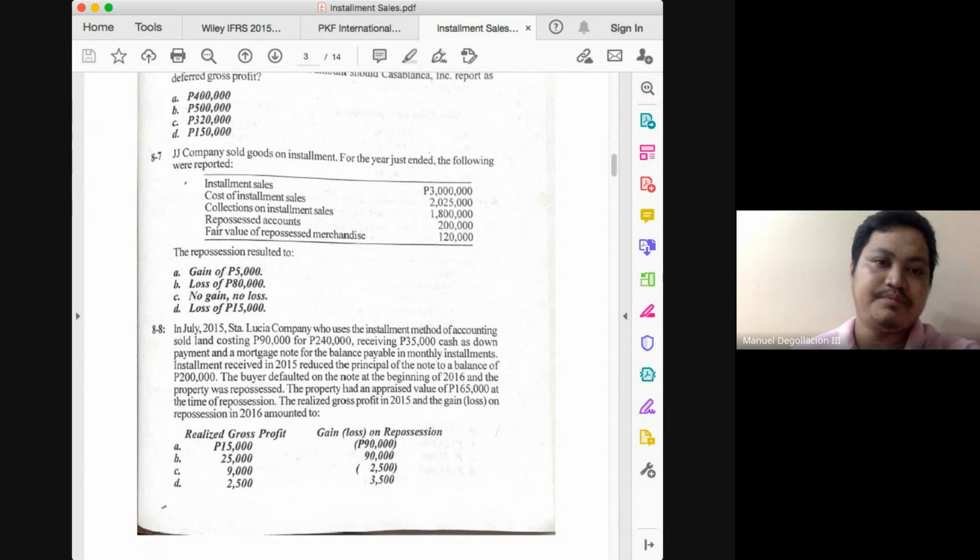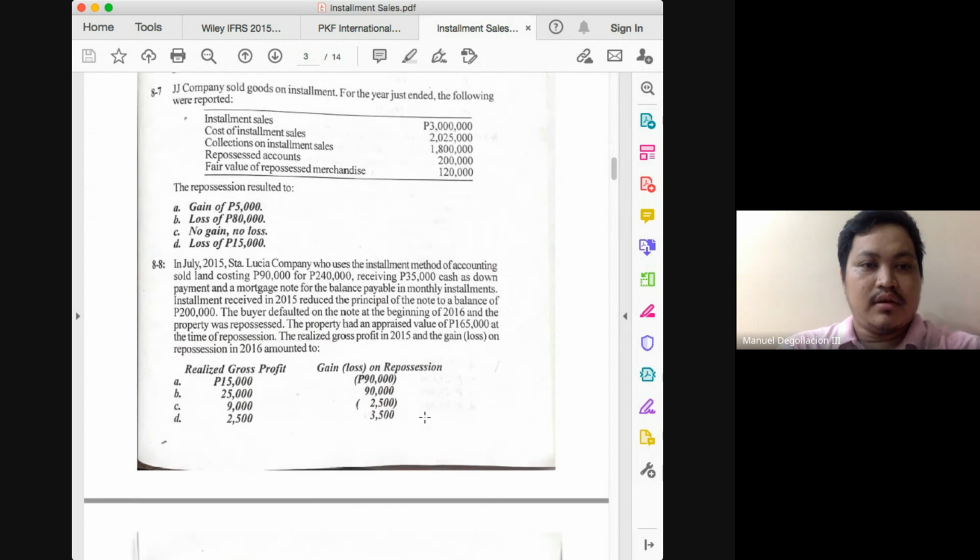Okay. 8-8. Same question, gain or loss on repossession, but at the same time, we're asked for the realized gross profit. And how else is this problem different? Um, just the same. Okay. We can solve for the RGP first. For RGP, we need collections and the gross profit rate.